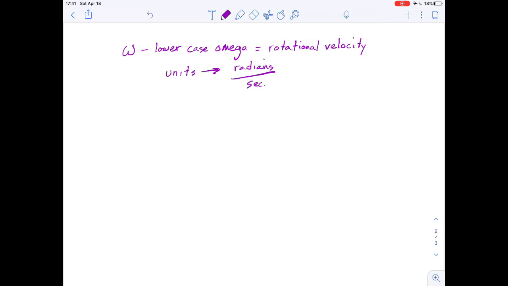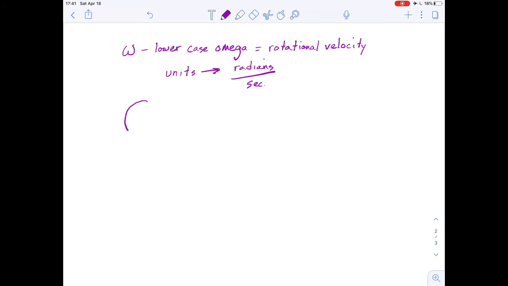Now, as for omega, the rotational velocity, it kind of looks like a W, but it's a lowercase omega. And it is the rotational velocity in the units of radians per second. Radian, of course, being a unit of angle around the circle.